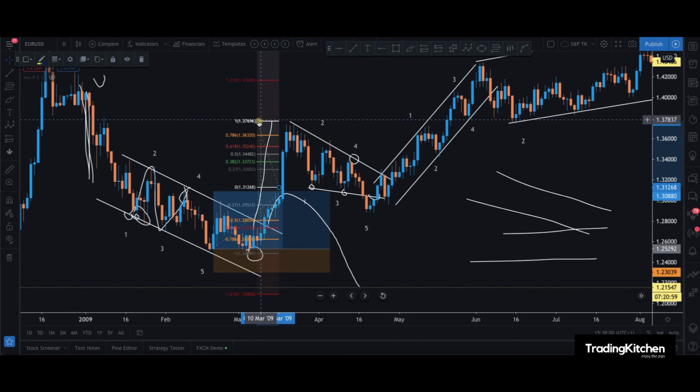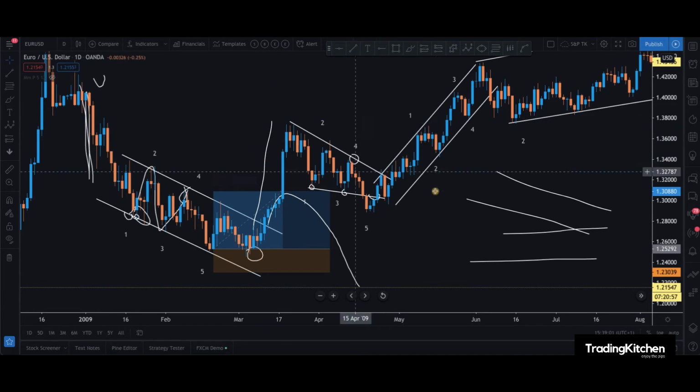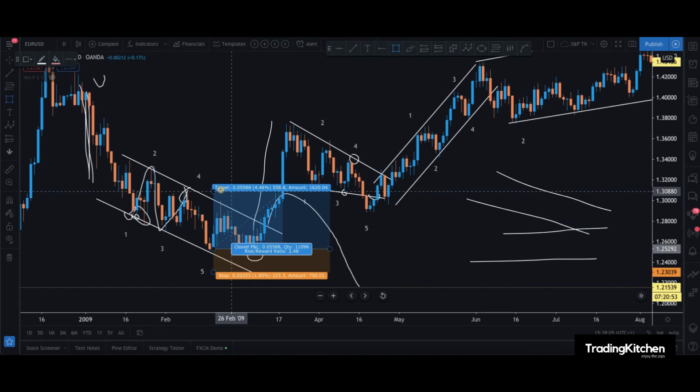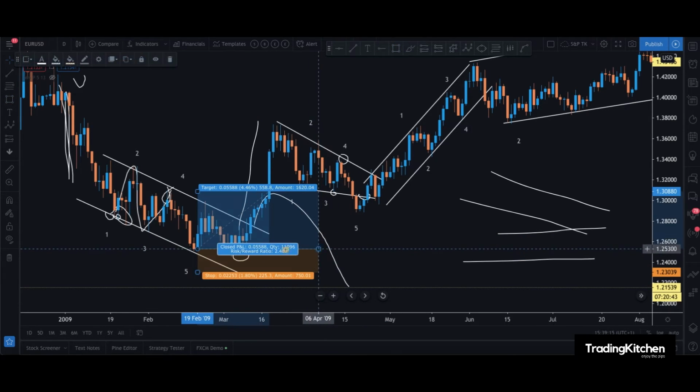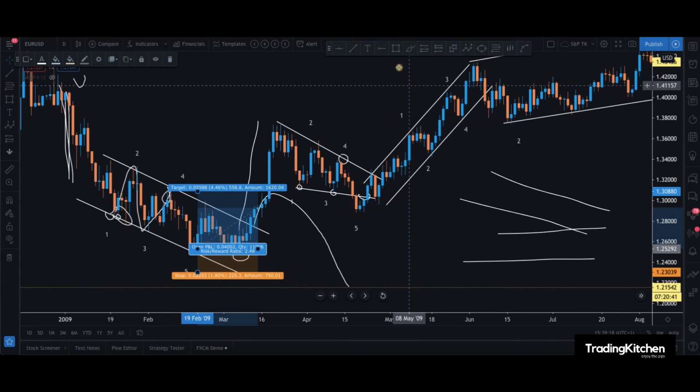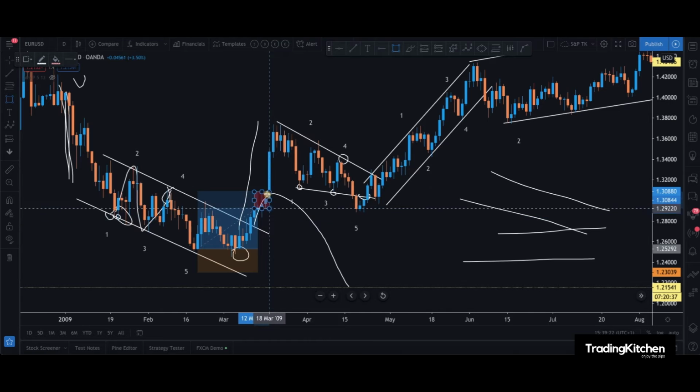But if you don't want to use Fibo, you can simply look for a structure. Where is a structure? Let me clean this one, sorry. Where is a structure? When price makes these kinds of candles.